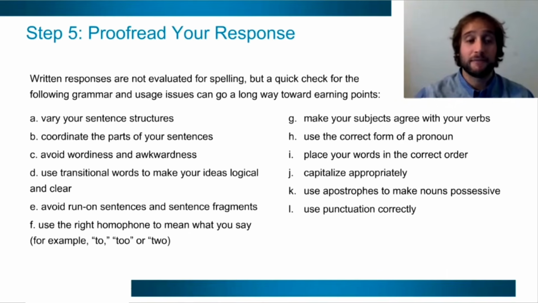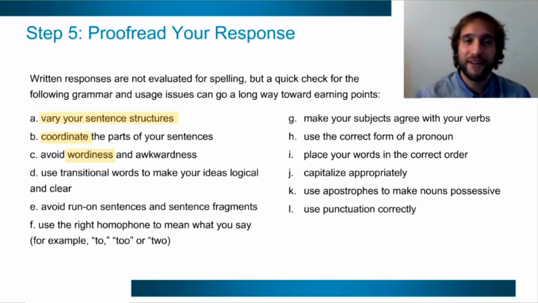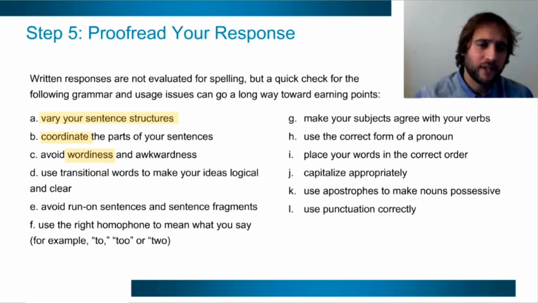A lot of the stuff we've talked about, but I'm going to run through them really quickly. Vary that sentence structure. We know that's important. Make sure our sentences are coordinated properly, right? Proper punctuation between clauses. Of course, we want to avoid redundancy and wordiness. Right? We don't want to just sound elevated if we're just doing a big word dump, right? Awkward phrasing, maybe we've seen that on a paper that we've written before. I know that's a very vague thing to say, avoid awkwardness.